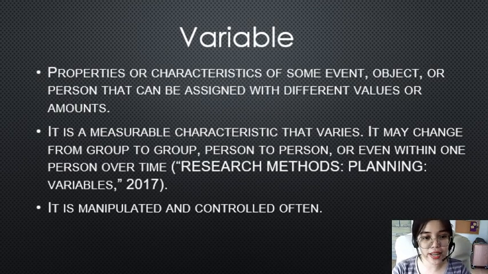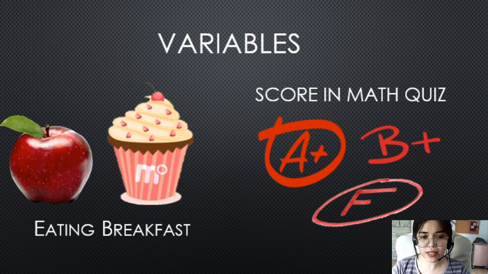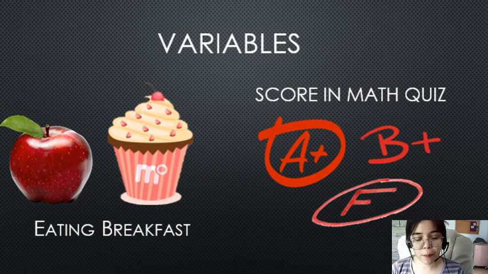Let me give you an example. Okay, so I have here a situation, let's say, eating breakfast. Ang estudyante, kapag kumakain ng breakfast and kapag healthy yung kinakain niyang breakfast, most probably, the score that he or she will be getting in math ay A plus or halos perfect score na.